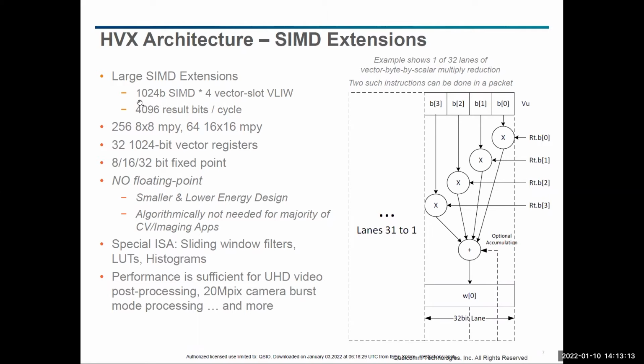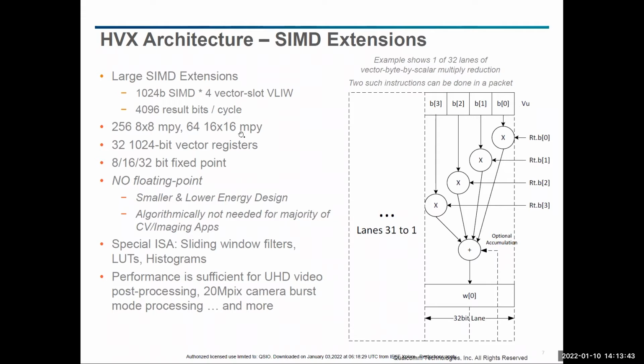Now, since one vector of HVX can process 1024 bytes of data, we can actually perform 256 8-bit by 8-bit multiply operations, or we can perform 64 16-bit by 16-bit multiply operations. These can be in the form of char or int8, or in the form of int16 or unsigned int16 multiplications.